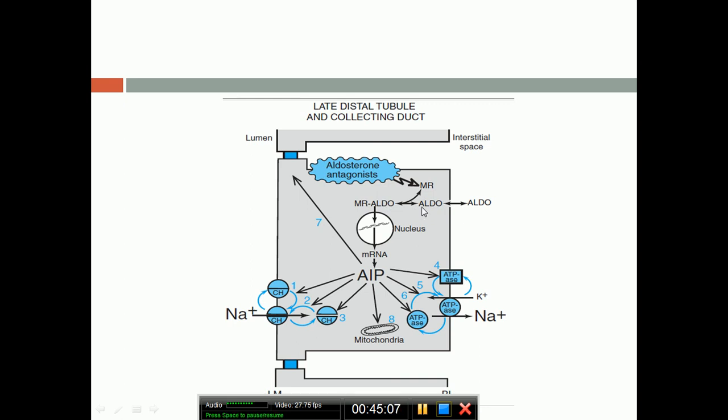So the aldosterone hormone binds with the receptor, and this receptor and hormone complex, because it is a hormone, induces protein synthesis within the nucleus of this cell. This causes the induction of aldosterone induced proteins, AIP.